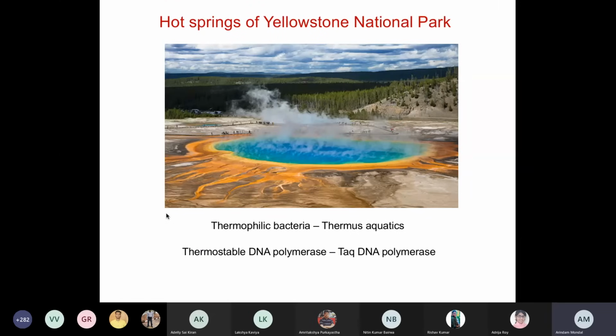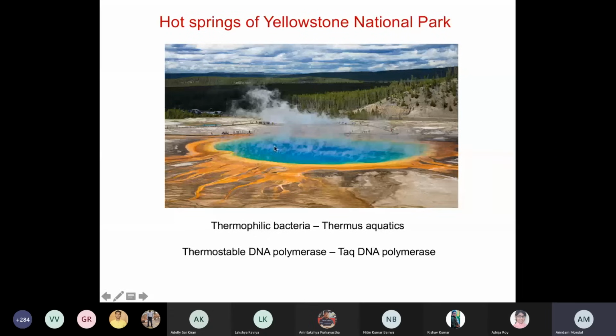scientists have discovered a particular bacteria from the hot geyser basins of Yellowstone National Park. Yellowstone National Park is a park in the United States, and there you will find hundreds of these kinds of hot geyser basins.